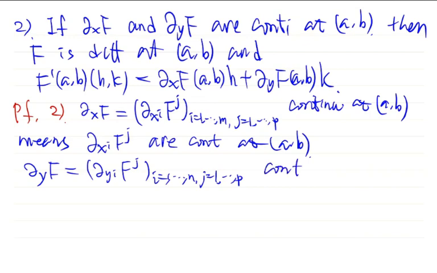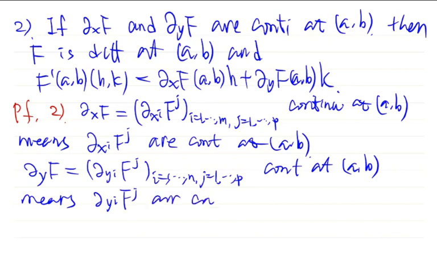This being continuous at (a, b) means ∂y_i F_j are continuous at (a, b).